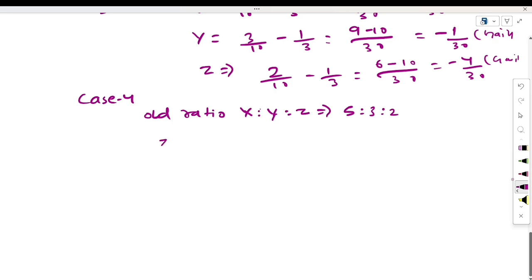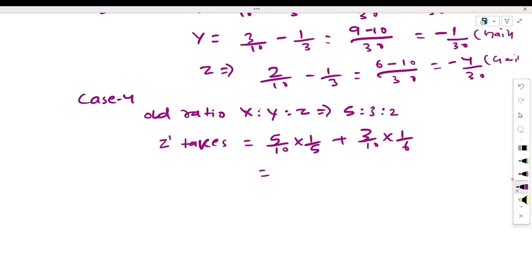See here, Z takes how much? 1/5 of X. How much is the X share? 5/10 into 1/5, plus 1/6 of Y. How much is the Y share? 3/10 into 1/6. Z will take like this.